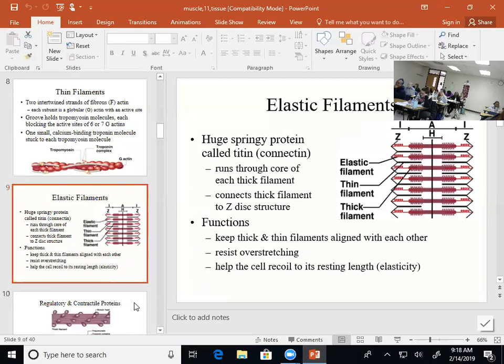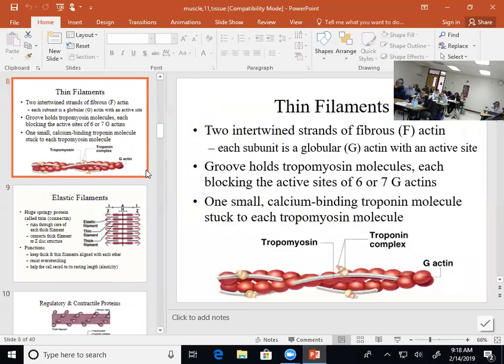And at rest they're not contracting, but you don't want them contracting willy-nilly, do you? No. And we said what actually controls the contraction is these regulatory proteins called what? Troponin and tropomyosin. And here are the regulatory proteins, troponin and tropomyosin, that you see.